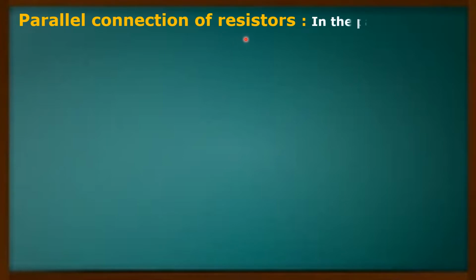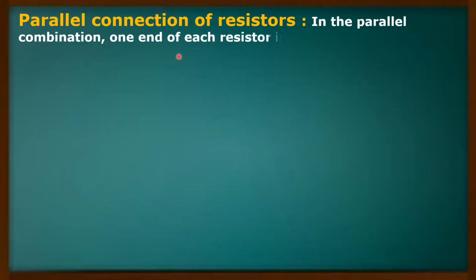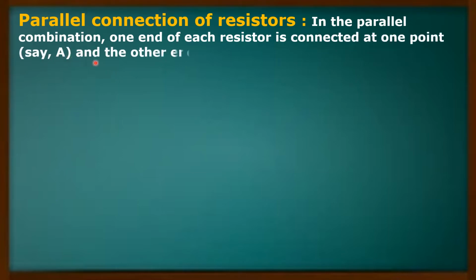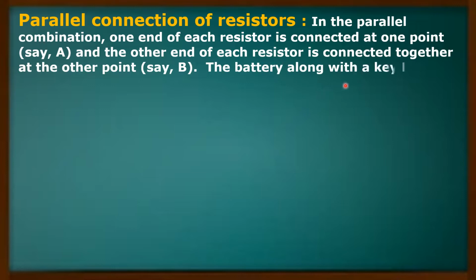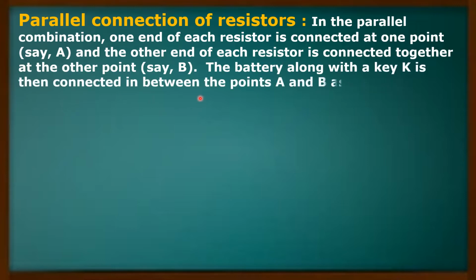Now let us see how the resistors are connected in parallel. Parallel connection of resistors. In the parallel connection or combination, one end of each resistor is connected at one point say A and the other end of each resistor is connected together at the other point say B. The battery along with a key K is then connected in between the points A and B as shown below.